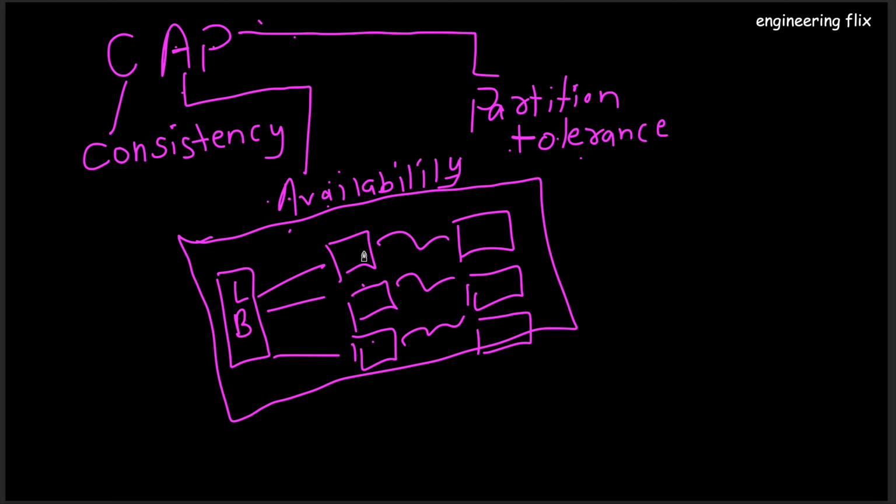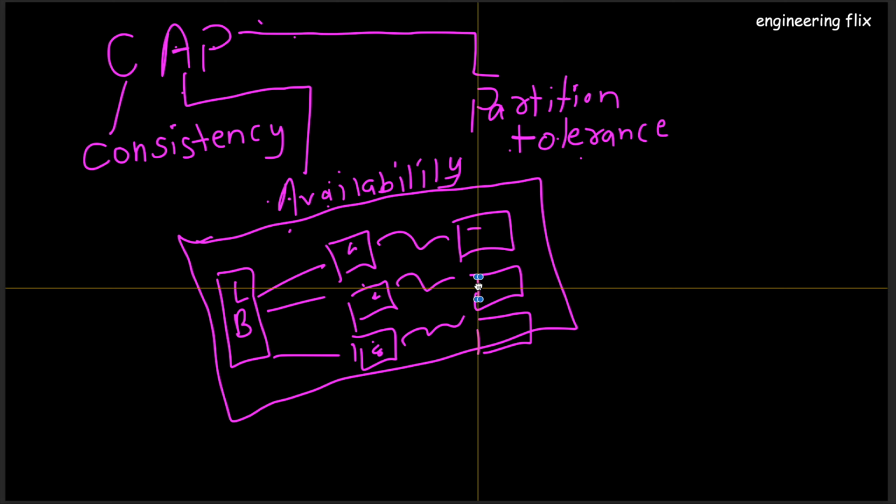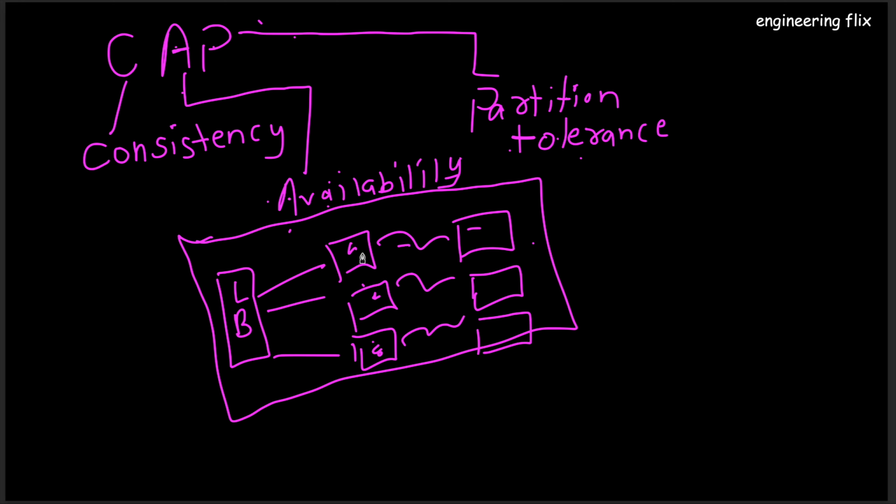For example, if multiple nodes are writing to these databases, and any server makes a write to any of the DB replicas, then if any node is reading that same resource from any other node, that server should get the latest write that this machine, or any of the machines, did. So that is what consistency is. Every read request should get the latest write.